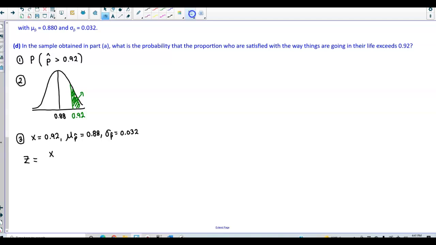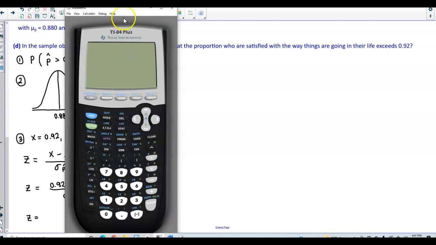So z-score is taking x minus the mean of the population proportion and then dividing it by the standard deviation of the population proportion. So that means we're going to take 0.92, subtract 0.88, and then we're going to divide that by 0.032.